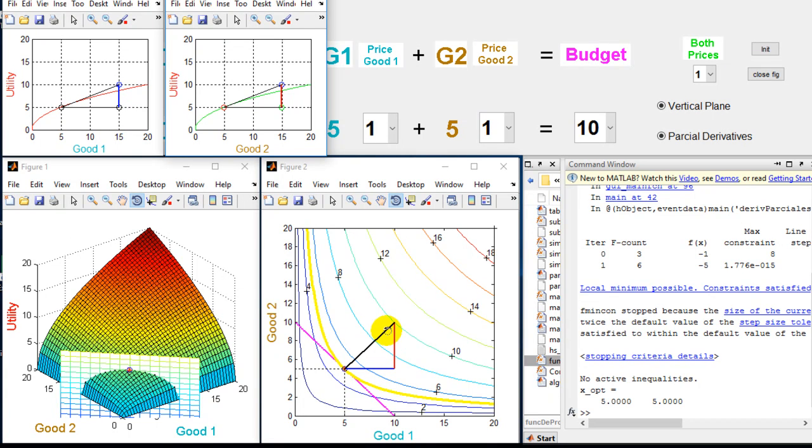But if you forget the mathematical part, the gradient tells you two things. One thing is, in this point, it tells you in which direction this function grows with maximum slope, which intuitively you can see is from this corner toward that corner. Here it is from this corner toward this point.